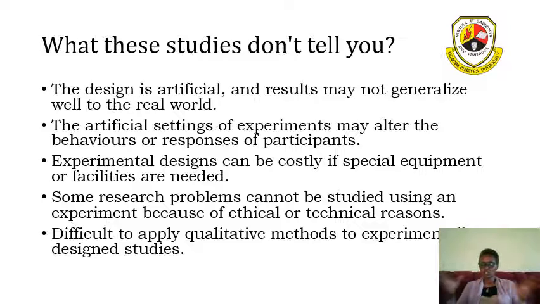If Uganda develops its own variant and develops a vaccine for that variant, you cannot then say this vaccine can then go and cure another variant, let's say found in South Africa or India or anywhere else. So these are some of the shortcomings about experimental design.